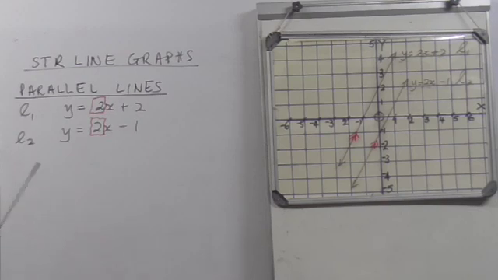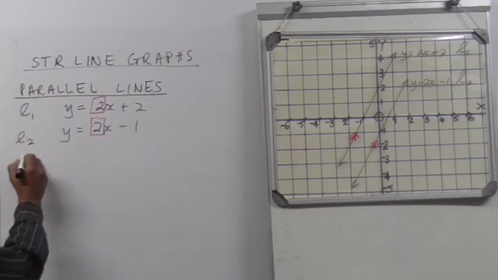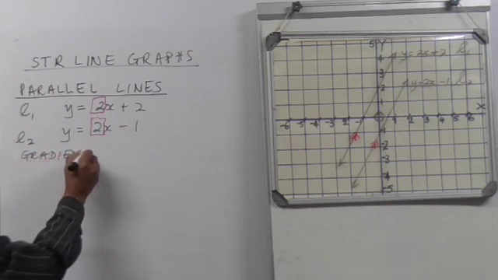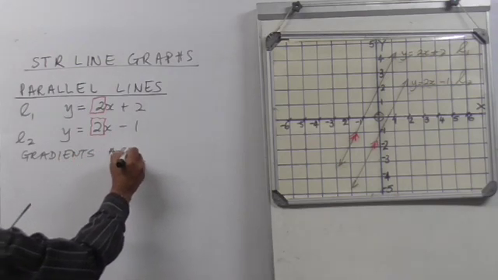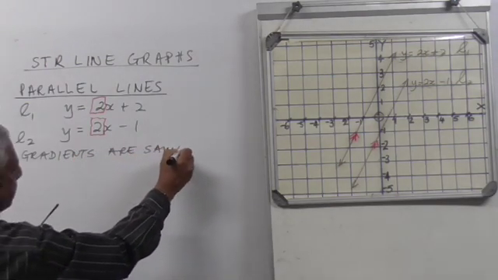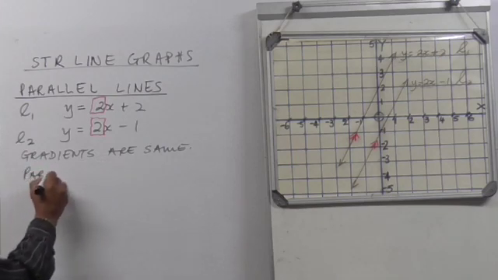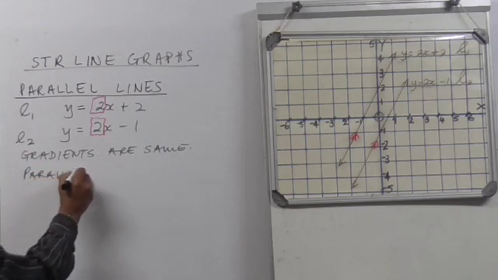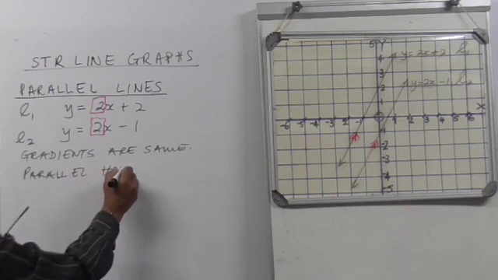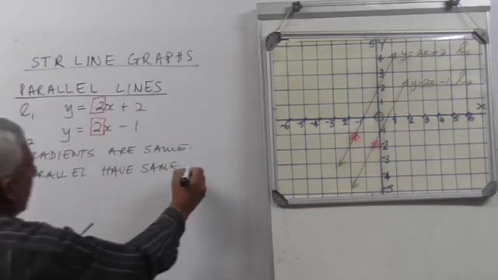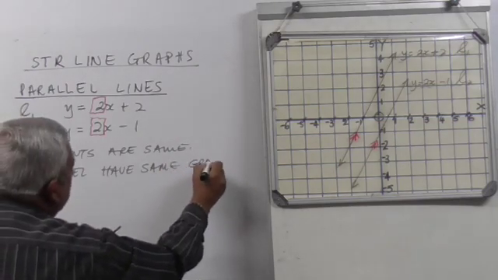So the gradients are the same. What do you conclude? We conclude that parallel lines have the same gradients, or parallel lines have equal gradients. You can talk like that.